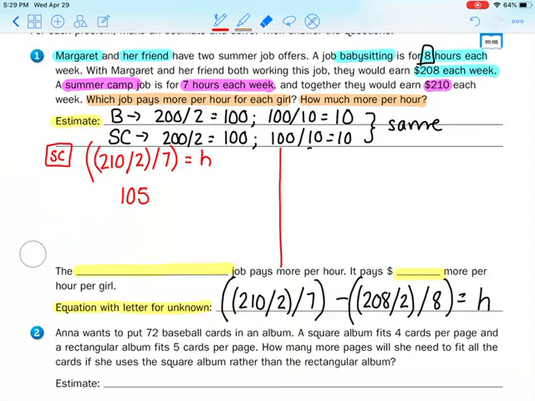So now we have to take that $105 each girl would make and divide it by how many hours they worked, which was 7. They worked 7 hours each week at the summer camp. So again, I'm going to do partial quotient.